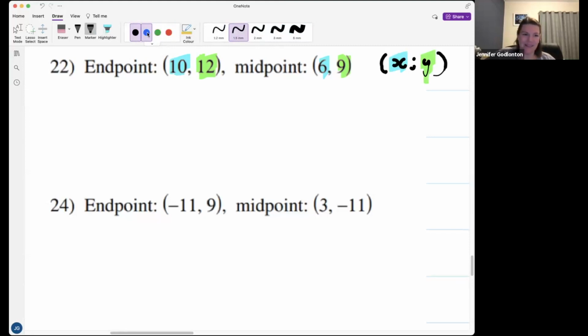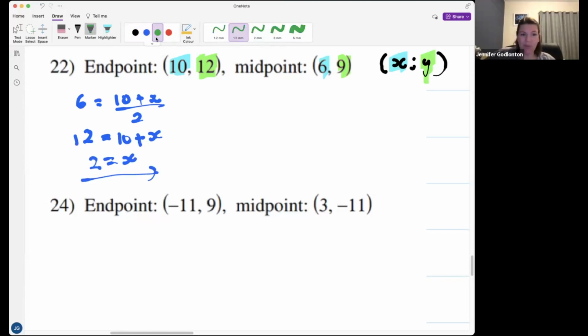Nice. Okay, so we're going to have 6 is going to be 10 plus x over 2. So 12 is equal to 10 plus x, which means x is equal to 2. Superb. And our y's, 9 is equal to 12 plus y over 2.